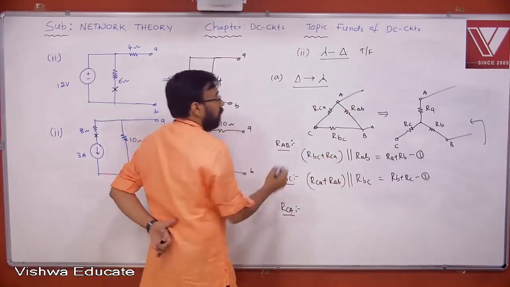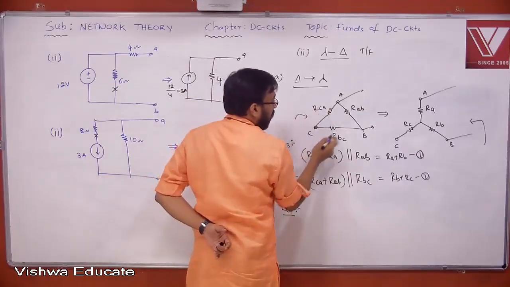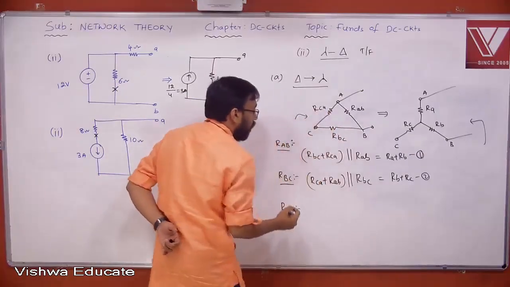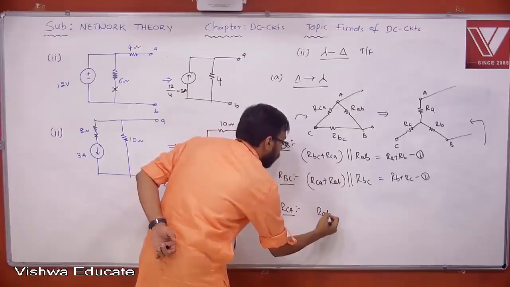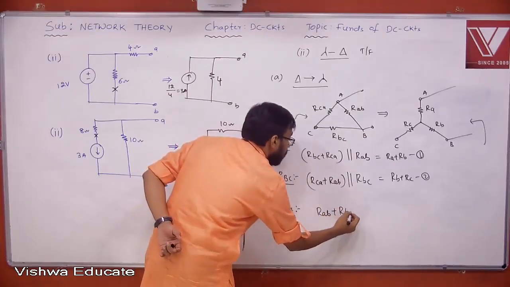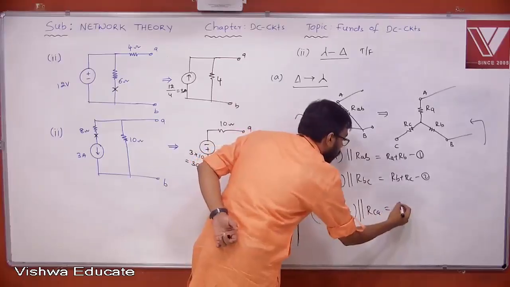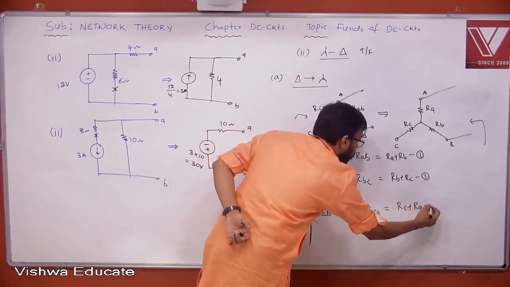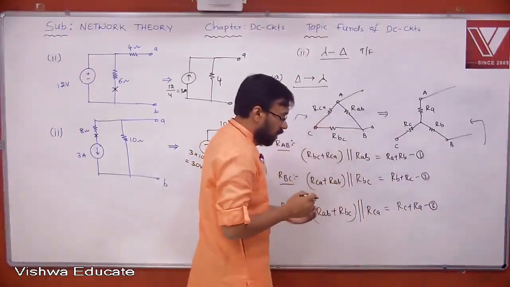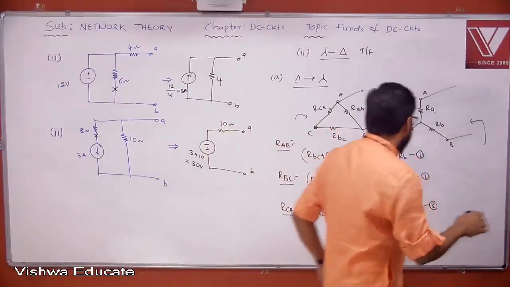Now RCA: when you look at the network, these two are in series, the result is parallel to RCA. So RAB plus RBC, parallel to RCA, is equal to RC plus RA. Three equations, three unknowns. We can solve them.